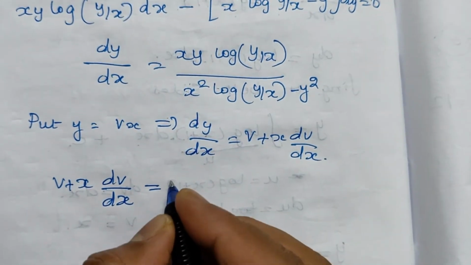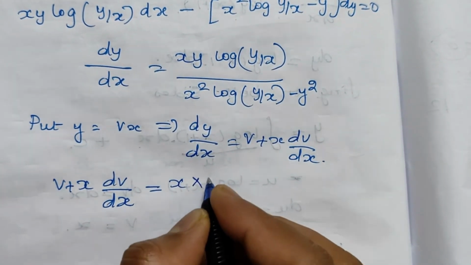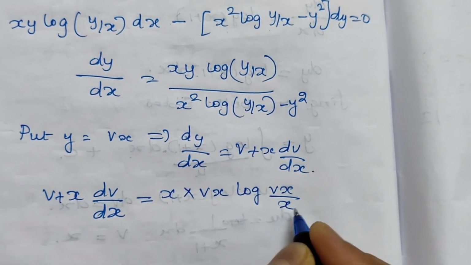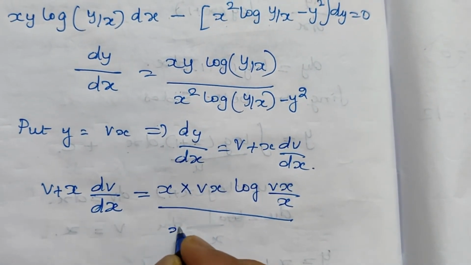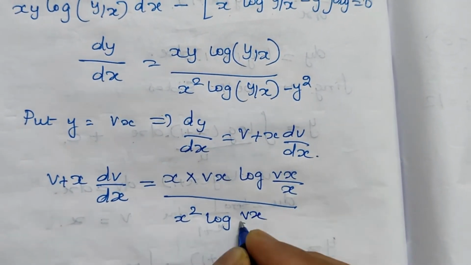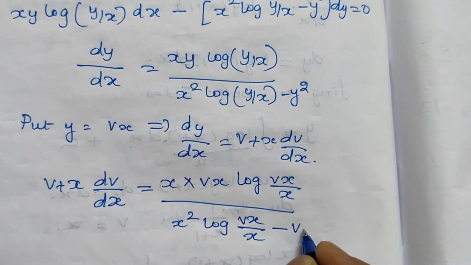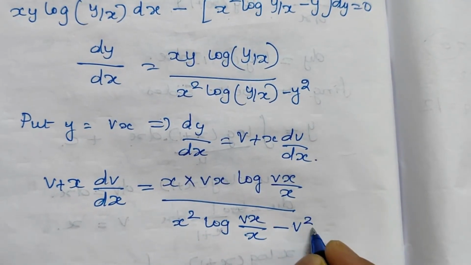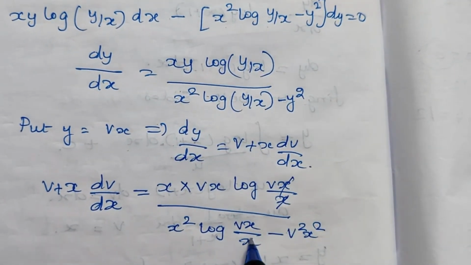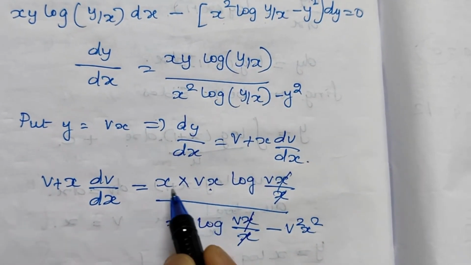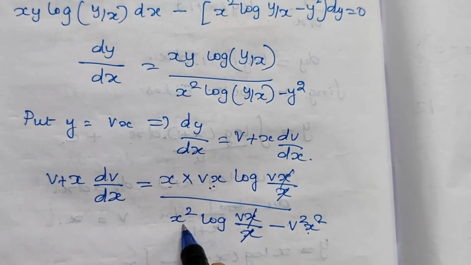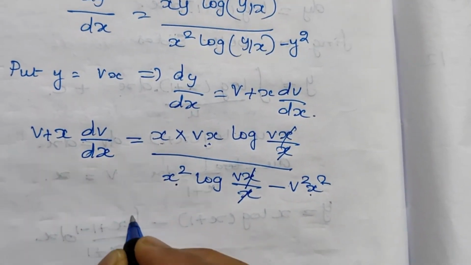Here x gets cancelled, and x² we can take outside, so x² gets cancelled.